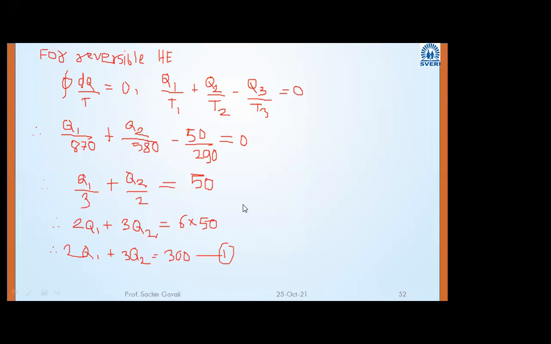Okay, this is one equation. Another equation is there by first law of thermodynamics. So I am going for second step. I conclude that this is here understood by you.